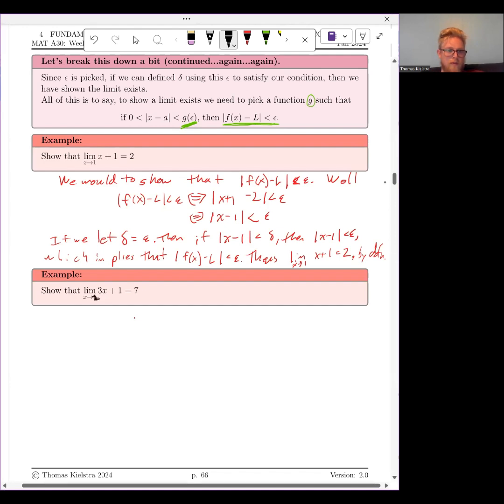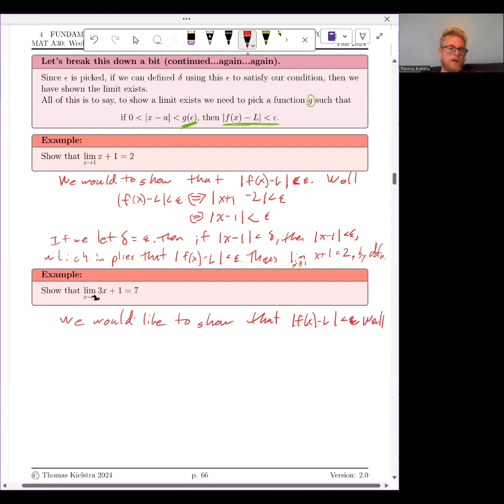So the limit as x approaches 2. We would like to show that the absolute value of f of x minus L is less than epsilon.